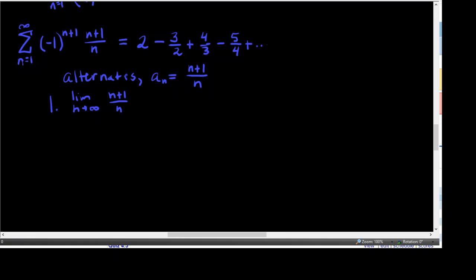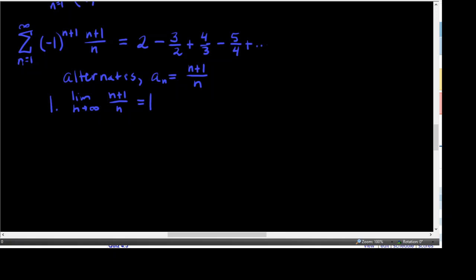This is that simple type I asked you to make sure that you could do. We could multiply this by 1 over n over 1 over n and figure out that it's 1. But this is one I'd like for you to just be able to glance at and know. I'm going to let you do that with linear over linear. It'll be the leading coefficient in the numerator divided by the leading coefficient in the denominator. In fact, any rational expression where the highest powers of n are the same number, you can do that same thing. And so for this process, I'm going to let you just jump to that conclusion.